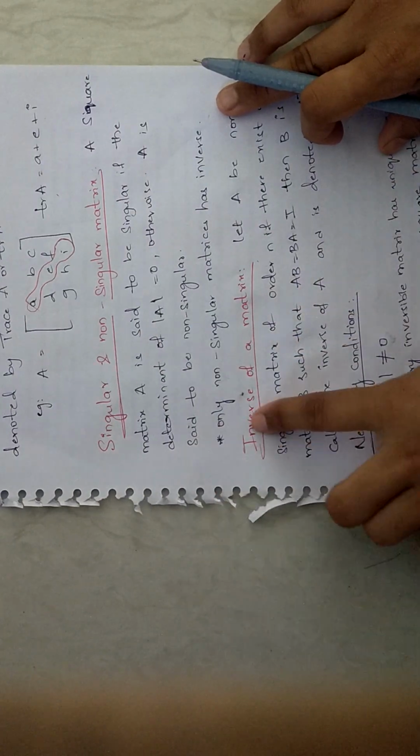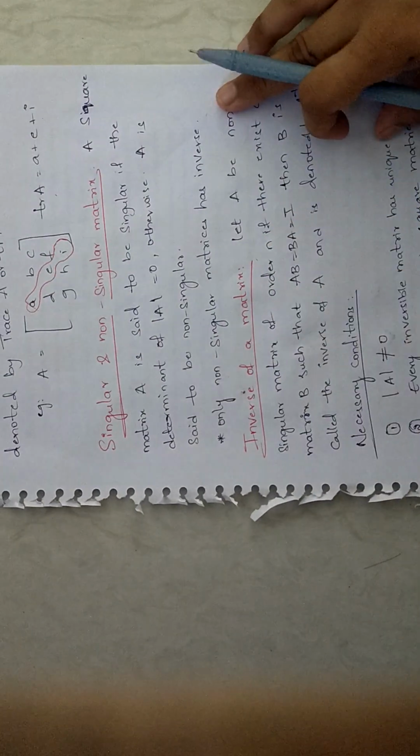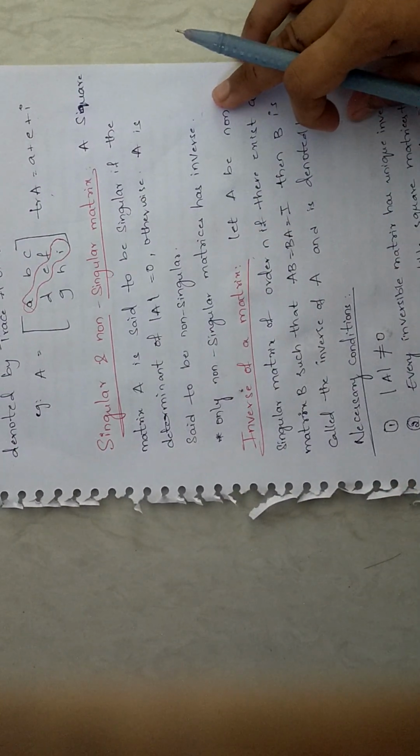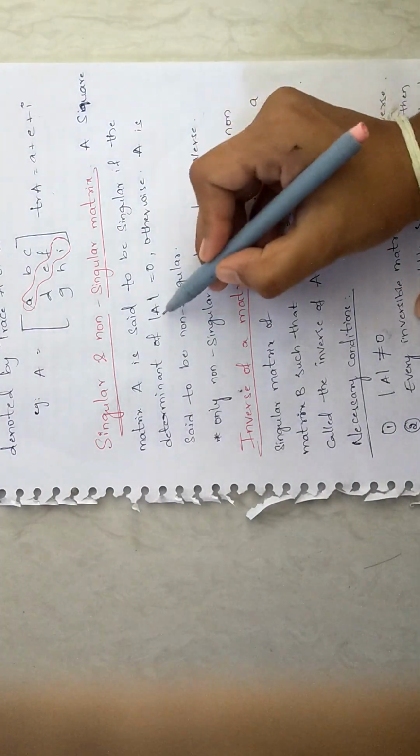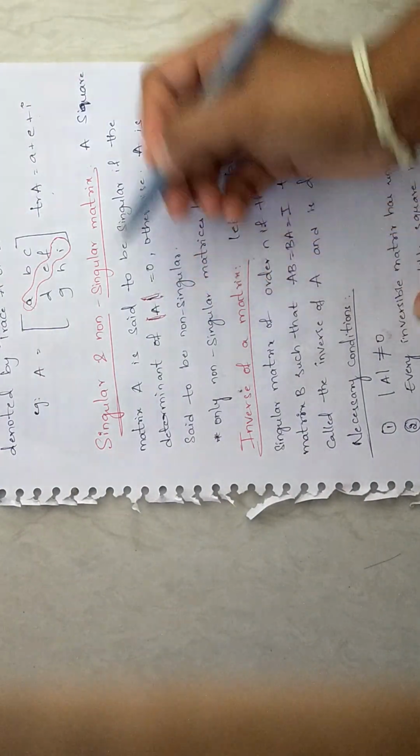Next, singular and non-singular matrix. A singular matrix means its determinant is 0. That means det of the matrix is 0. So det means this symbol. How to find the det, that procedure is very short, and I'll explain it when we are working on the sums.